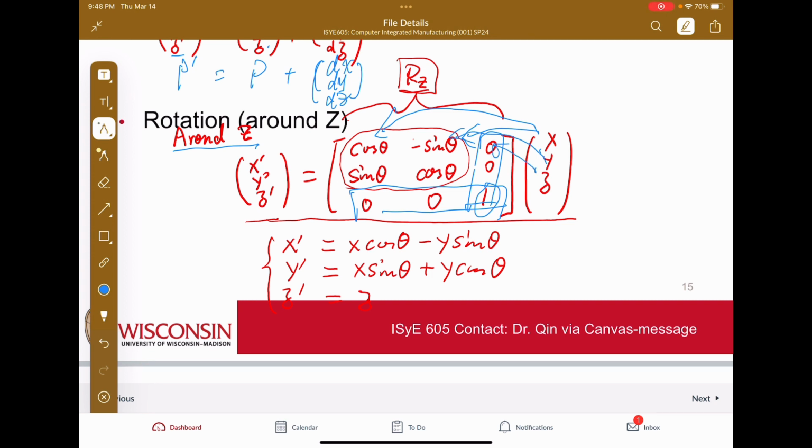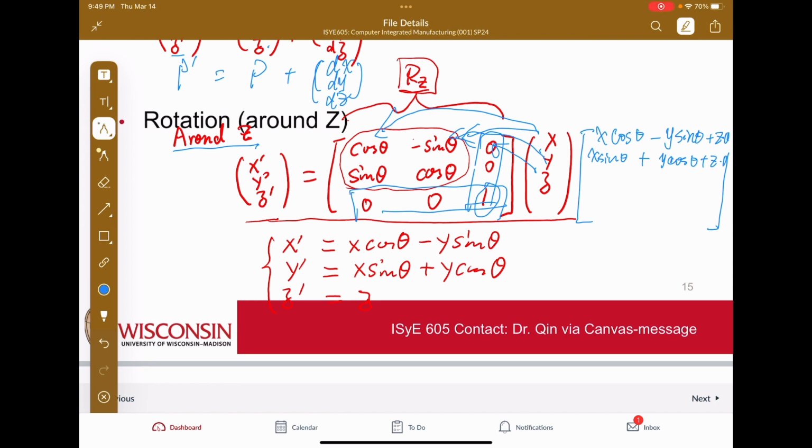After that, what will we get? We will get x cosine theta minus y sine theta plus z times 0, and x sine theta plus y cosine theta plus z multiply 0.